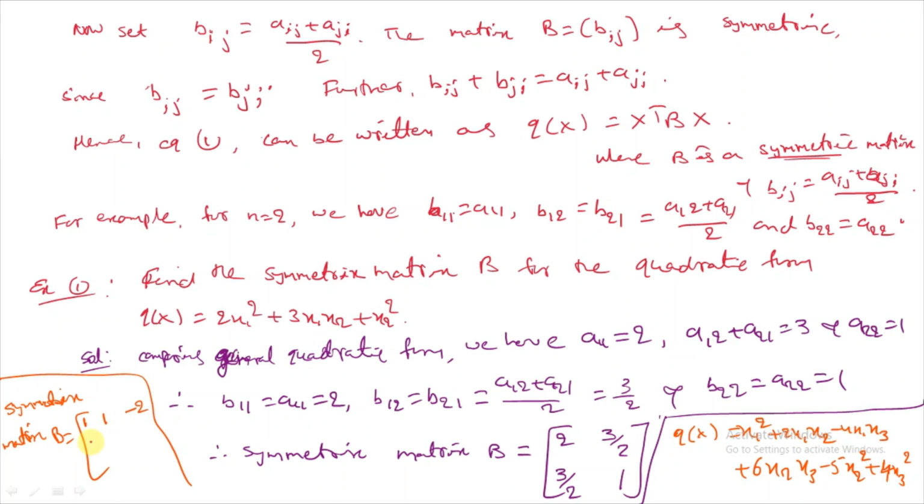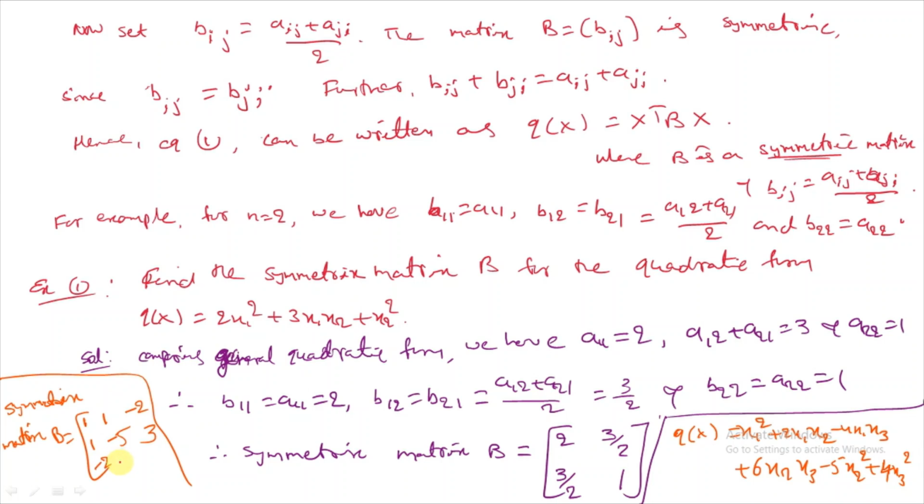Now B12 and B21 are the same element, 1. The diagonal element for x2 square is minus 5. Next, B23 means x2 x3, which is 6, and half of that is 3. B31 is the same as B13, that's minus 2.